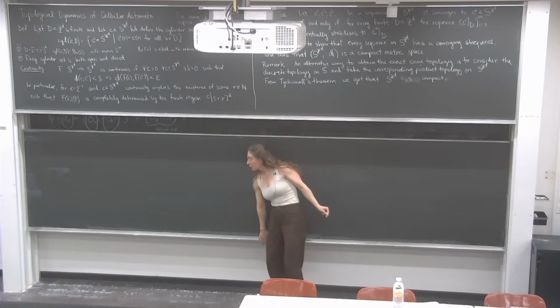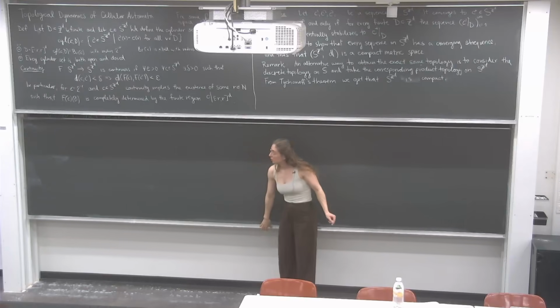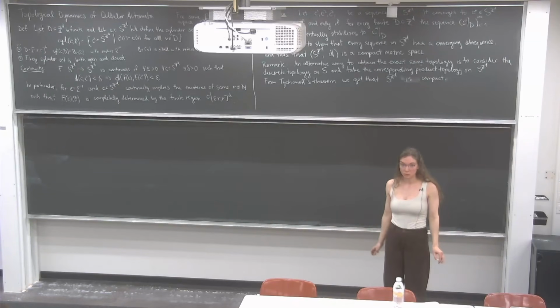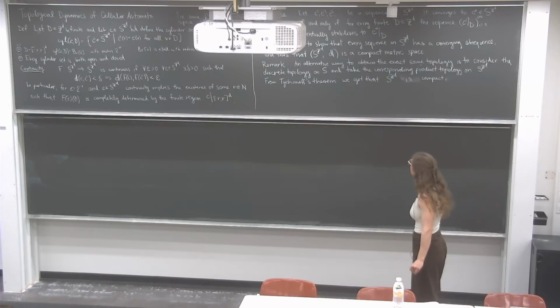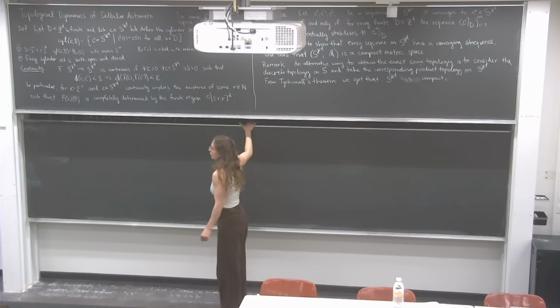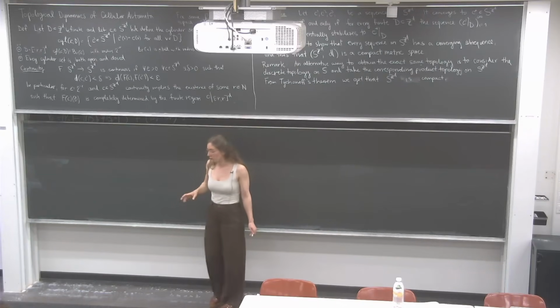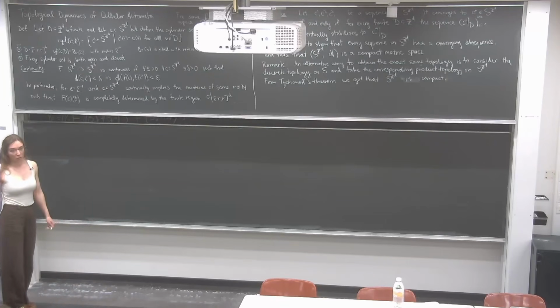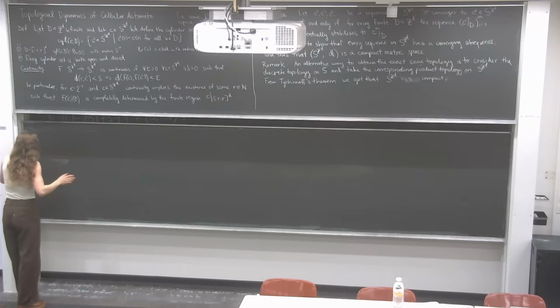So my aim is not to give you an overview of compact spaces. Hopefully you have some experience with them from other classes. But in case you don't, I'll just list 3 properties that we will use in this lecture. And I refer to some textbooks in the notes that you can look into if you want to understand in depth why they hold.